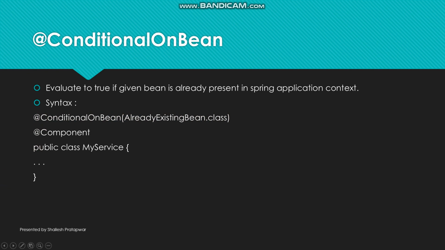One good example of using this @ConditionalOnBean is, let's say you want to initialize your data source class, and that data source class is connecting to the Oracle database. So what you can do is you can evaluate whether the Oracle driver is present on the class path or not, and that way you can evaluate the condition.